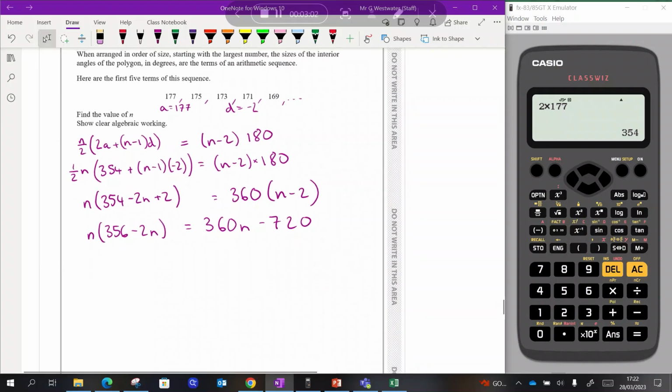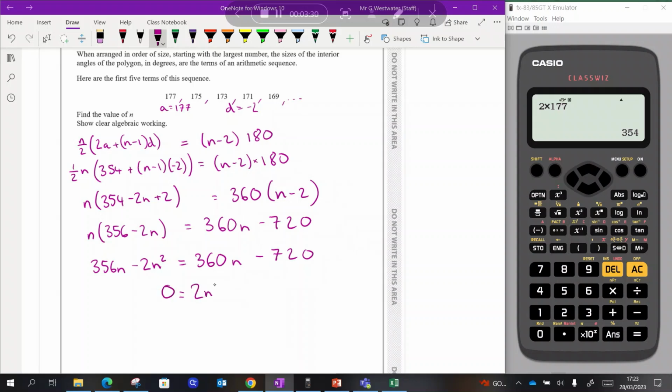Okay, and then finally expanding this out, we're going to now have 356n minus 2n squared equals 360n minus 720. So there's a few things going on here, but essentially we've got n squared, we've got n's, and we've got single terms. We've got a quadratic. So I'm going to add 2n to this side, so that we've got 0 on this side.